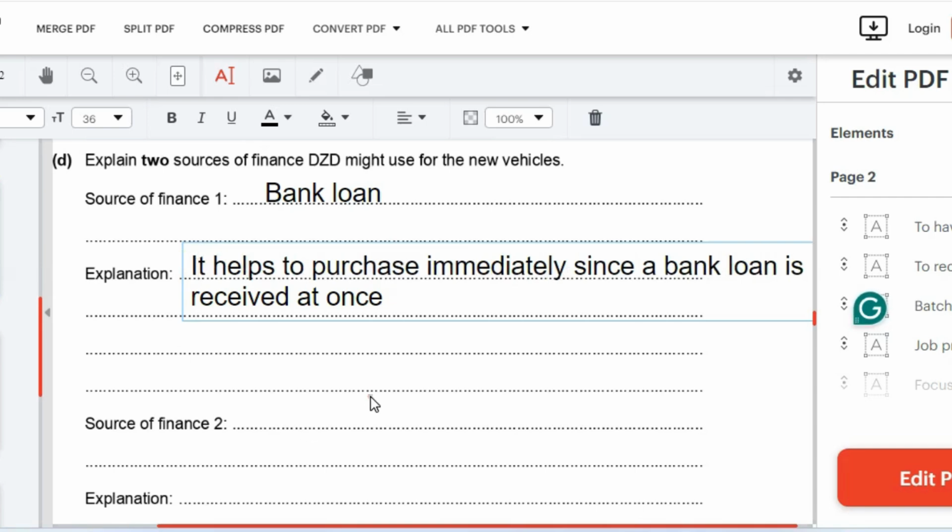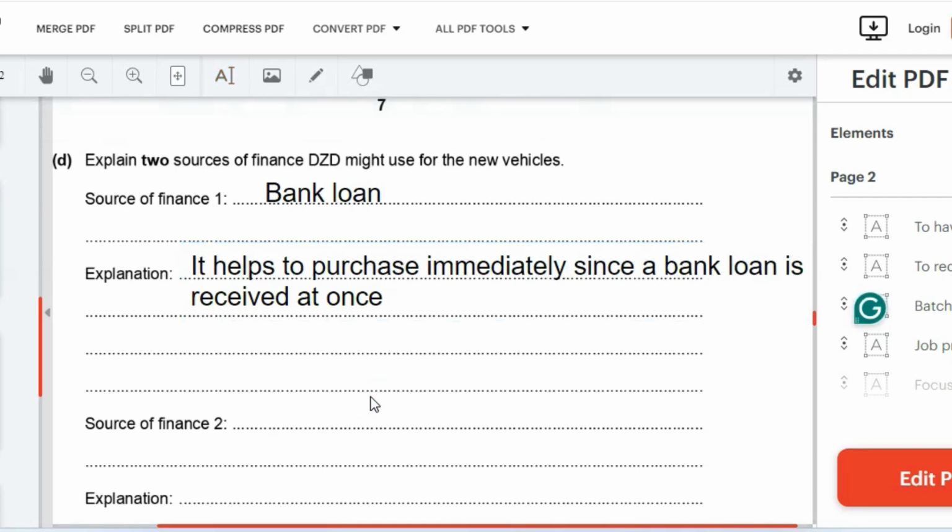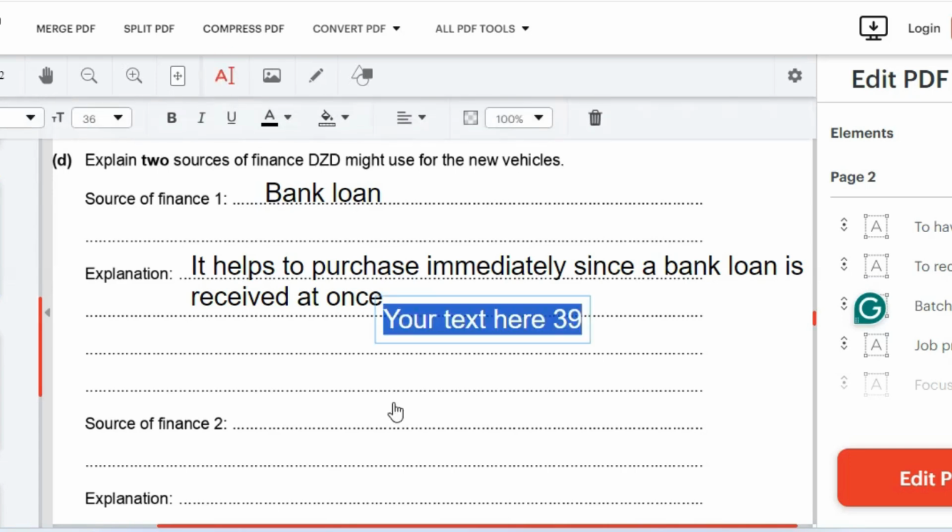Yes. Now another source that can be used while purchasing the new vehicle is the retained profit. Retained profit is also one of the sources this ZZ can actually use for the new vehicle introduction. Now let's try to put this out.